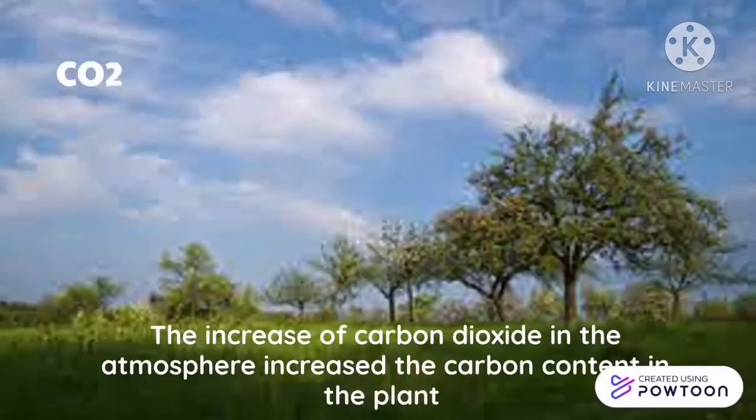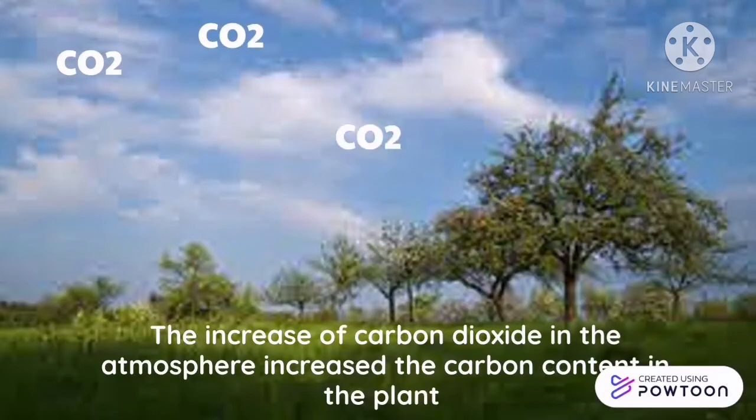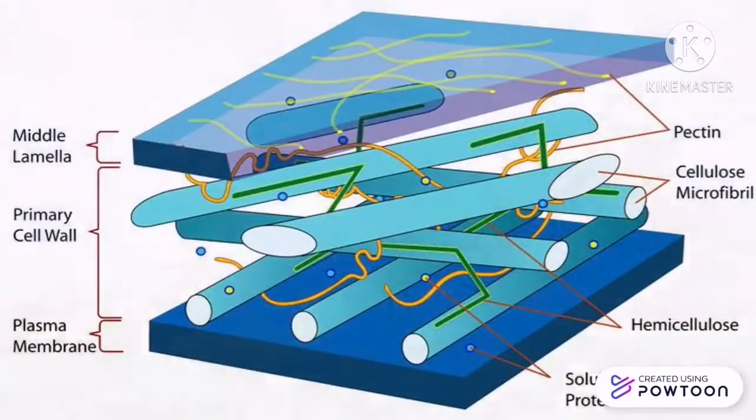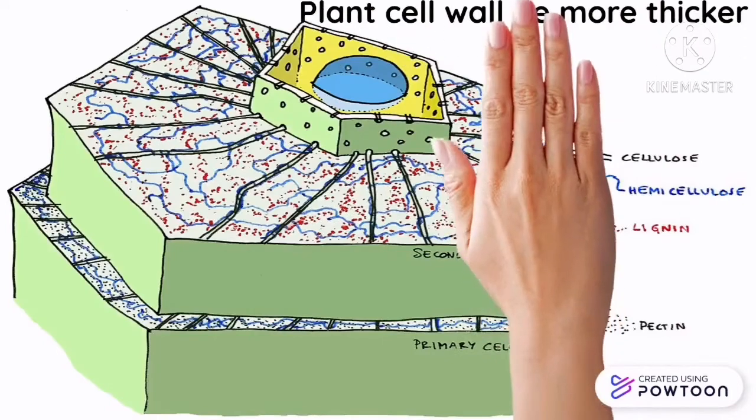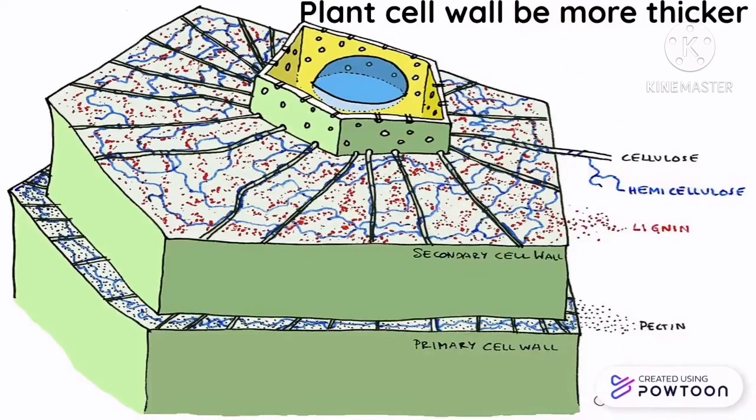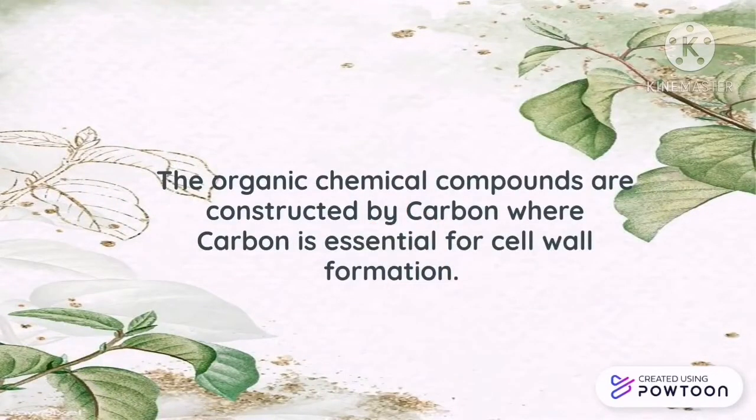From here, the increase of carbon dioxide in the atmosphere increases the carbon content in the plant. More carbon in the plant promotes cell wall formation. This causes the cell wall in the plant to be thicker compared to regular plant cells. The organic chemical compounds are constructed by carbon, where carbon is essential for cell wall formation.